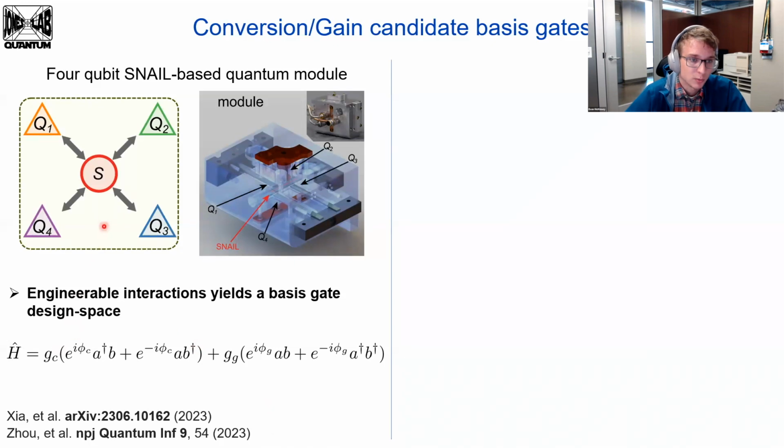But for our concerns, we know that the SNAIL creates gates in our systems by driving the SNAIL at either the frequency difference of its coupled qubits, which creates this conversion interaction term in the Hamiltonian, or driving the SNAIL at the frequency sum of the two qubits in the system, which creates this gain. So this Hamiltonian is the design space, where the different parametrizations of the two driving terms, conversion and gain, would create our unitary.